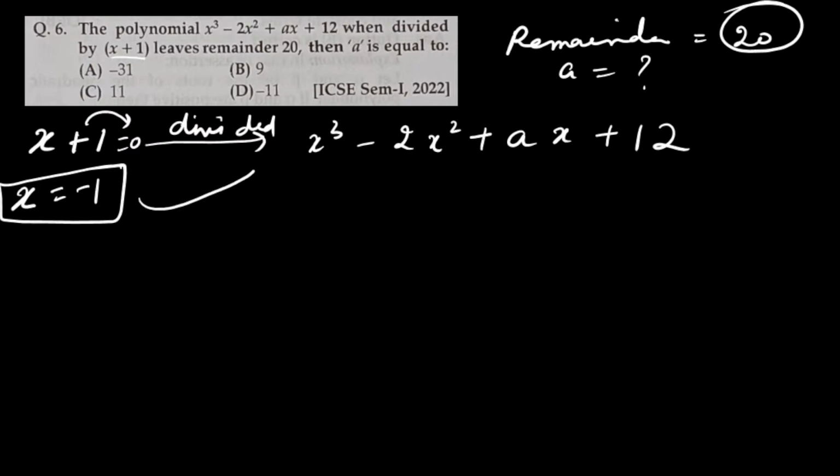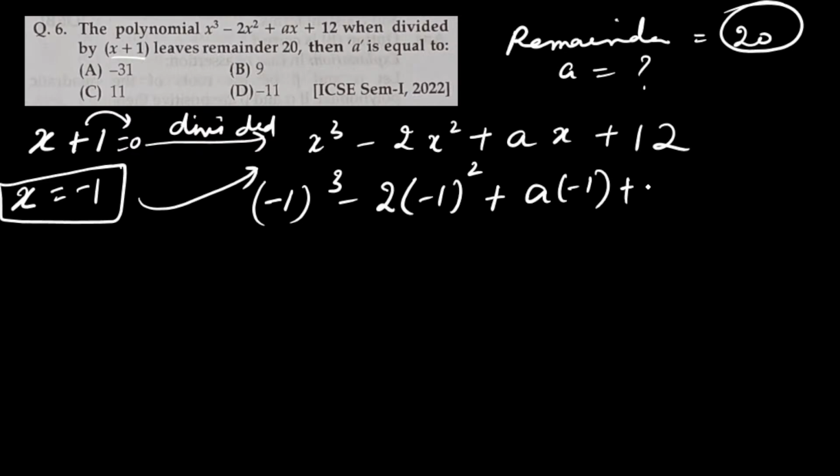This minus 1 value we will substitute in the second polynomial: minus 1 whole cube minus 2 into minus 1 square plus a into minus 1 plus 12 equals to, here now, earlier in the previous questions we used to write 0, because it was mentioned it's a factor. Here the word factor is not mentioned, it's mentioned remainder, it is leaving 20. So here we have to write 20.